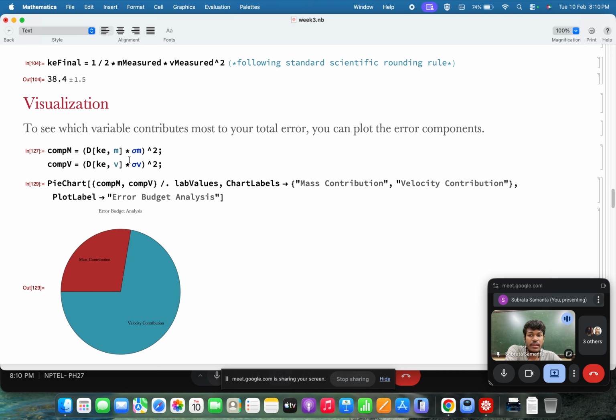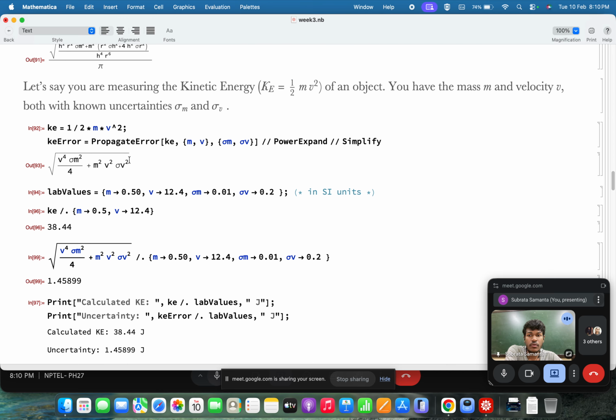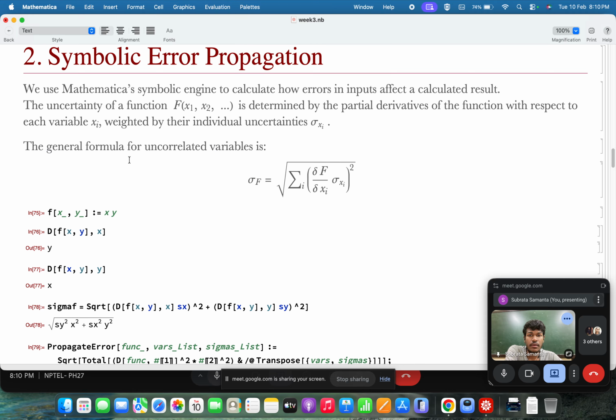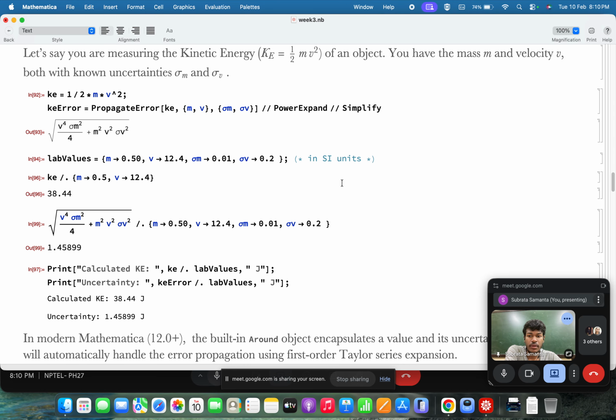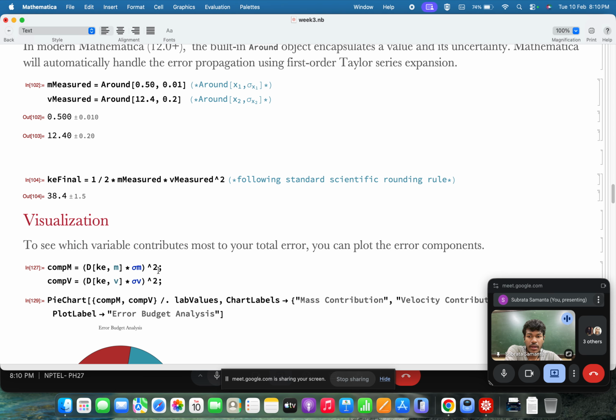So is this point clear or not? If you just look into this formula, what is this formula? Your derivative with respect to the variables times the sigma. So I calculate these two things. One is the derivative with respect to my first variable times sigma, and then squared.